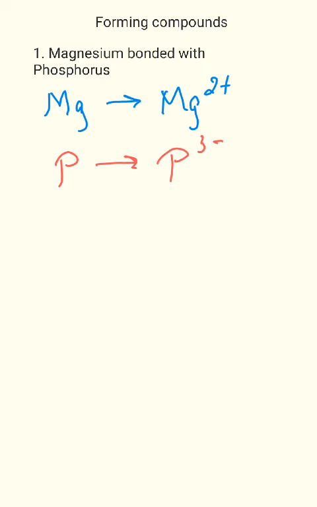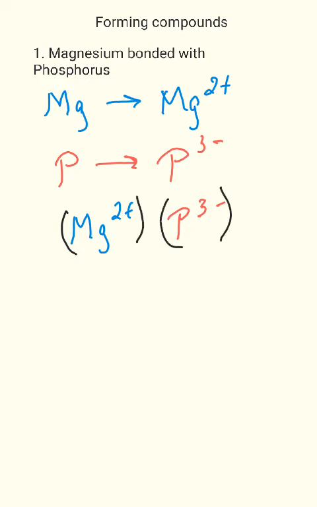Now, there's two ways to do it. The first way is to take a look at the charges. Magnesium is a 2+, and phosphorus is a 3-, right? And if we wanted to get these guys to cancel each other out, well, we can just multiply this guy by 3 and this guy by 2, right?